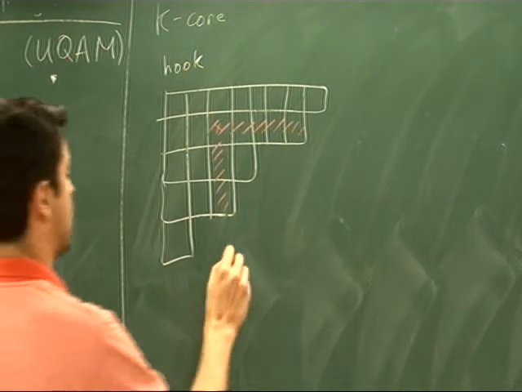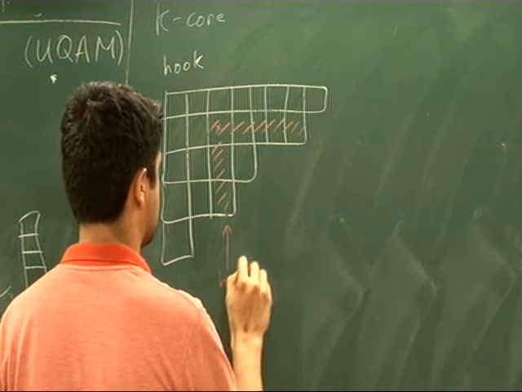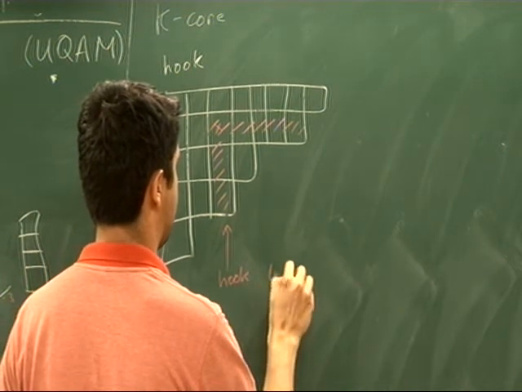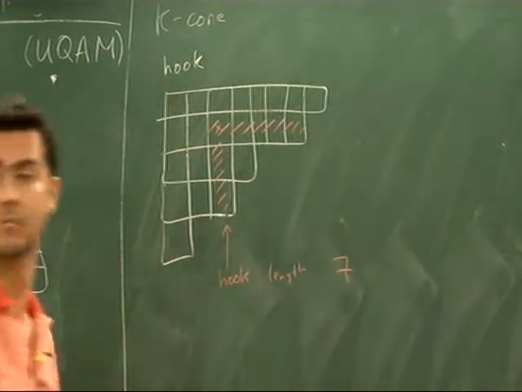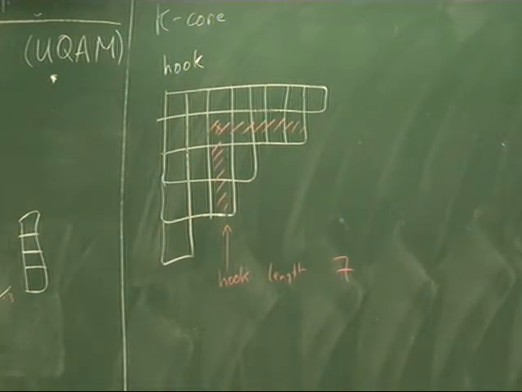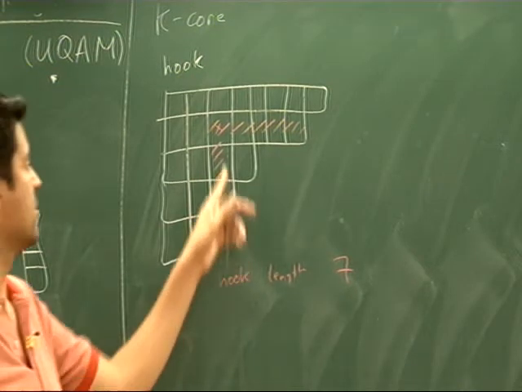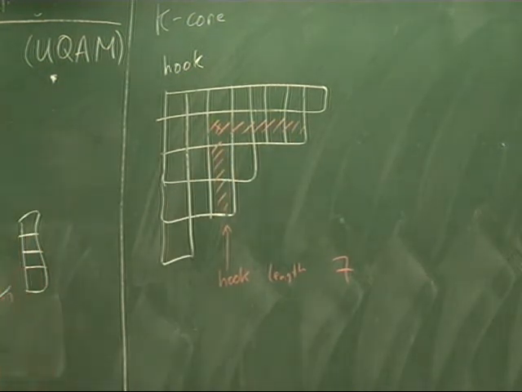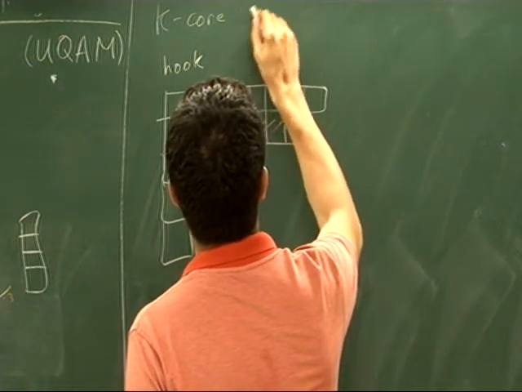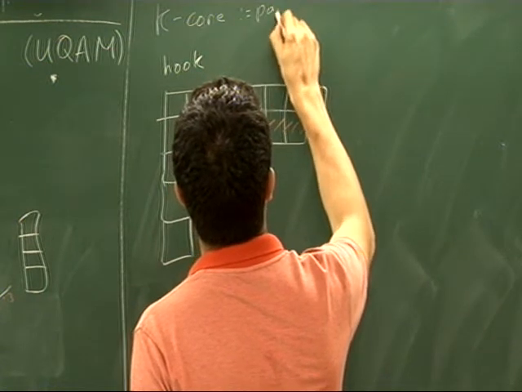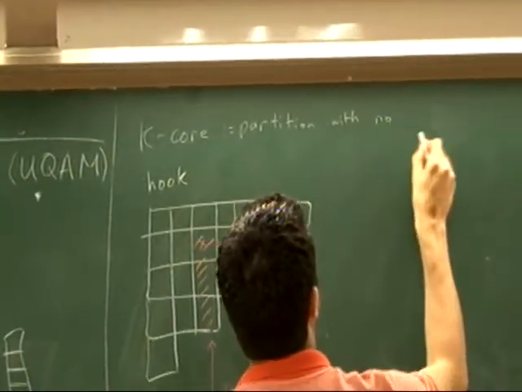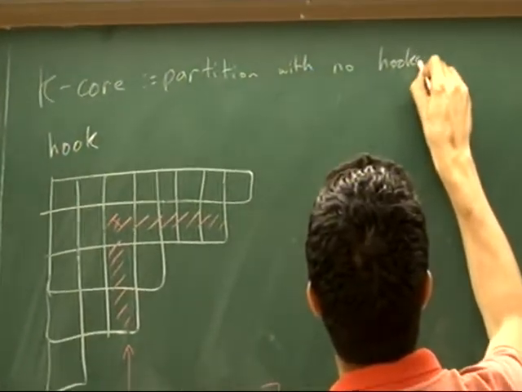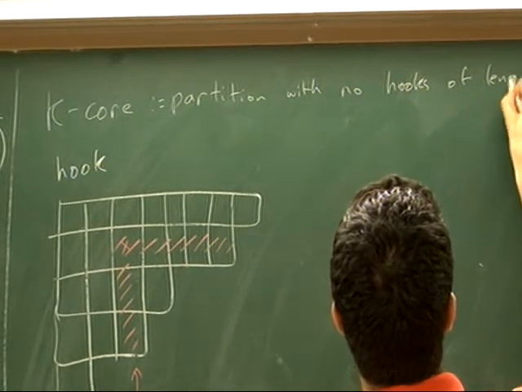So this hook has length 1, 2, 3, 4, 5, 6, 7 boxes. Okay, so for every box I have a hook length, which is the length of this. And so a k-Schur is a partition with no hooks of length k.